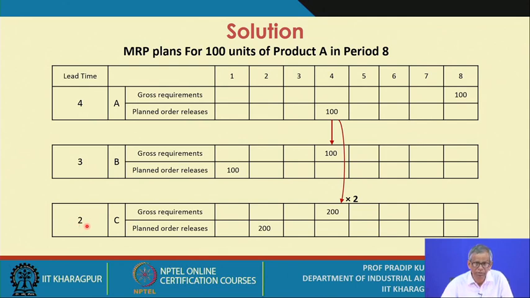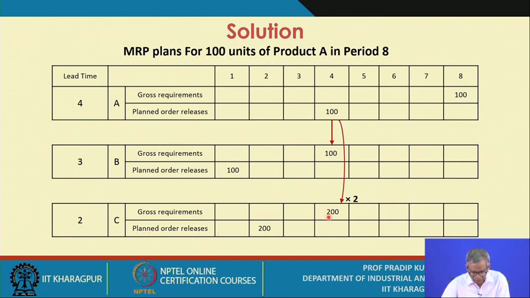I am explaining it very slowly so that your understanding is appropriate, and you will come to know all the intricacies of MRP systems and how you do the computations for different parameters in an MRP system. So the 200 units you require at the 4th time period, and you have a lead time of 2. So in the 2nd time period, you have a planned order release of 200 units.